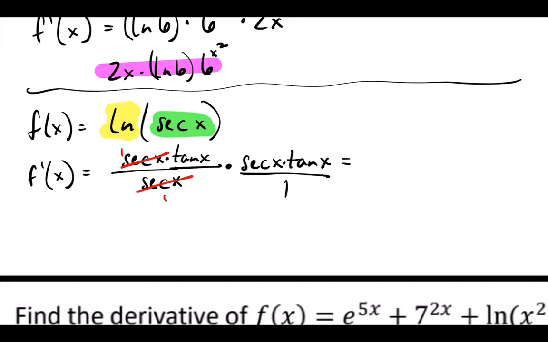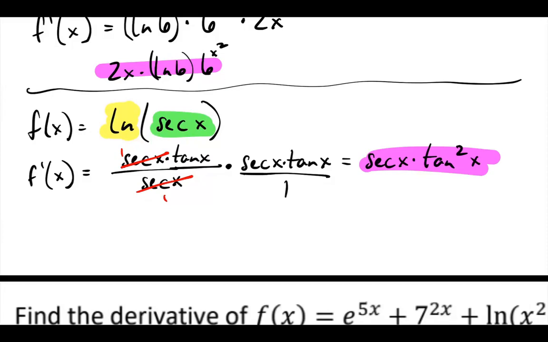So let's multiply straight across. I got a secant x times two tangents, tangent squared of x. Okay, done.